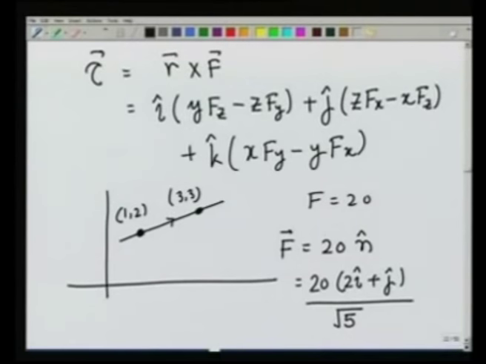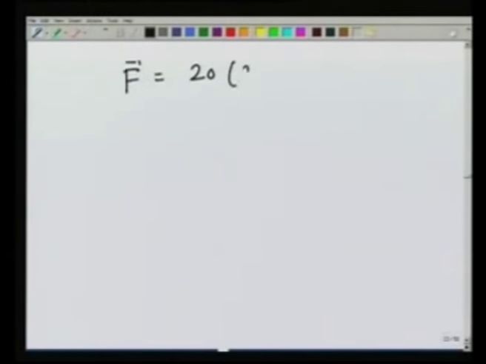So, the force that we are applying is F equals 20 (2i plus j) over square root of 5.